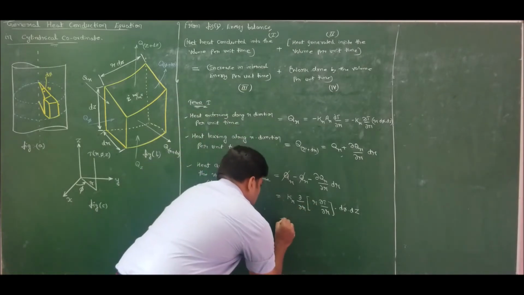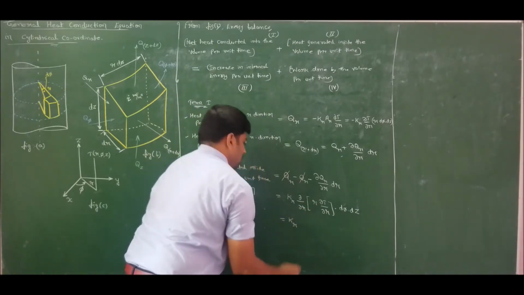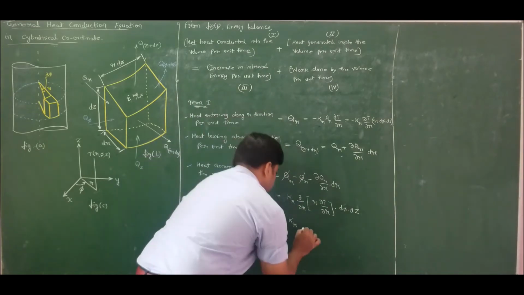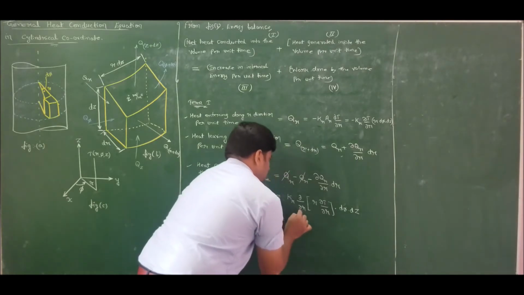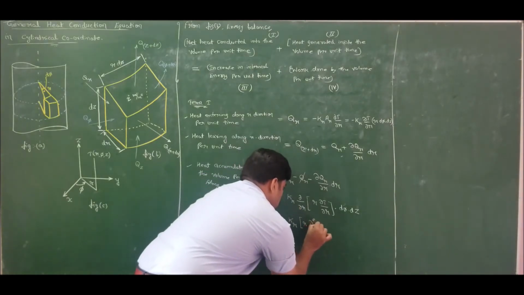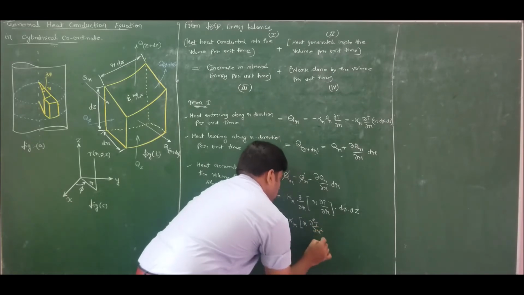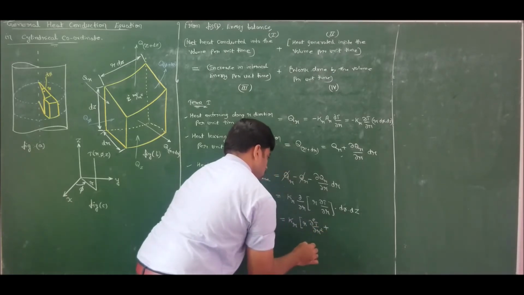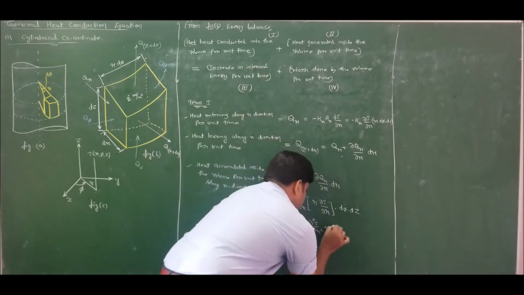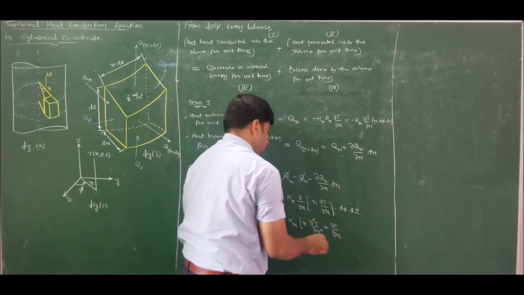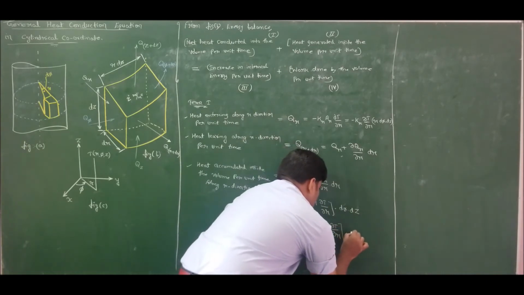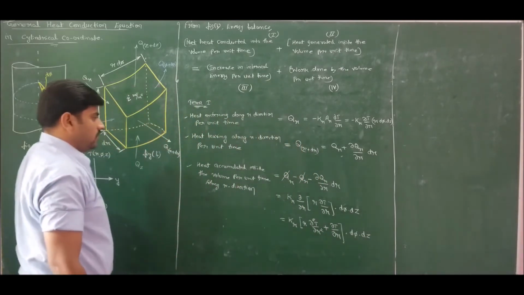So if I do that, I will get K, first function is R, R into differentiation of second, dou square T by dou R square, plus second function dou T by dou R into differentiation of first, that is R differentiated with respect to R, will be unity, into d phi dz. This is what we will get.